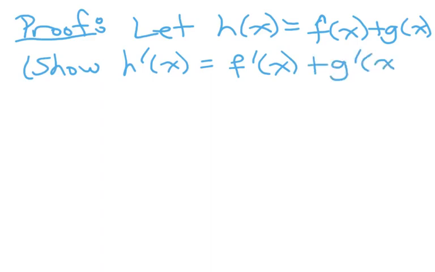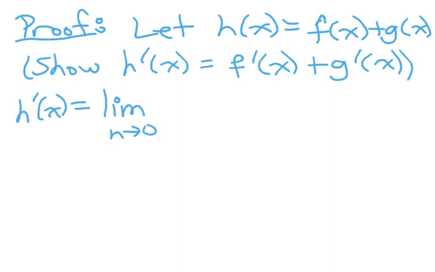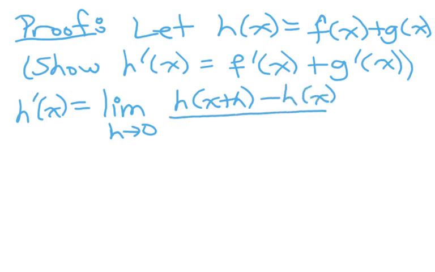And we're going to see some similarities with the constant multiple rule. So h prime of x is equal to the limit as h approaches 0 of h of x plus h minus h of x, all divided by h. Probably a poor choice of letter considering they're really standing for different things.